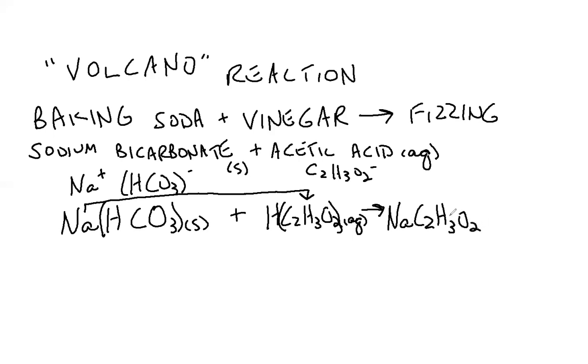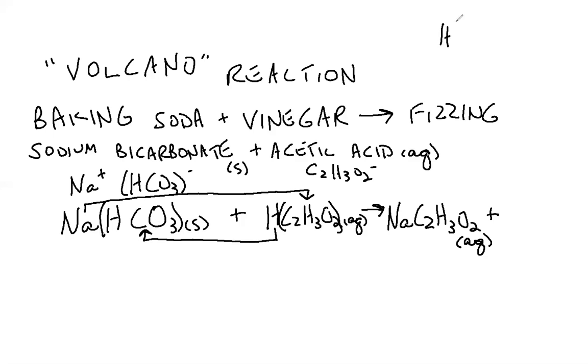All sodium compounds are soluble, and we have water because the acetic acid, the vinegar, is in water. So this just dissolves in the water that is there. And then our other product, the H, hooks up with the HCO3. So I'm going to do that up here so we can see what happens there.